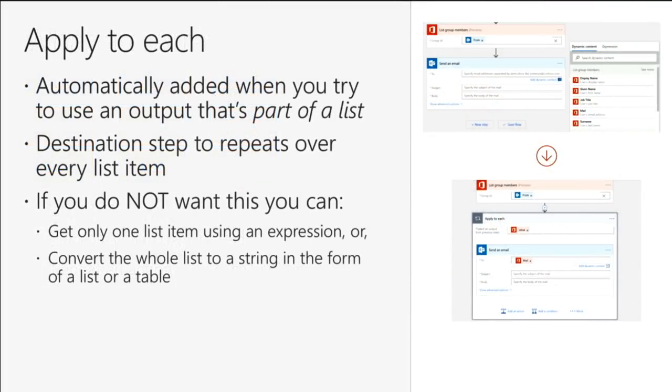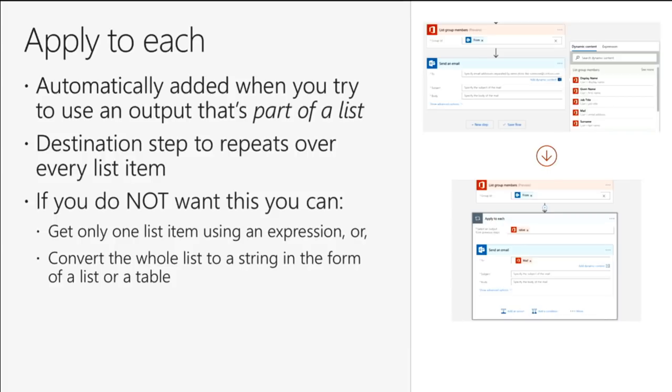The most common way to interact with arrays is by using apply to each. And in apply to each, we will automatically add that container on when you use an output that's part of a list. So if I have an API that I call that lists all the users, say in an Office 365 group, and that returns back the user's emails, their names, their IDs, and I try to use the email address of that user in a send email step, bam, it's going to put the apply to each around that send email action, which means you'll get a bunch of emails that get sent out.